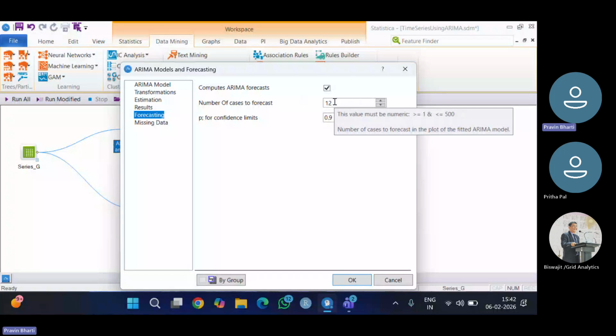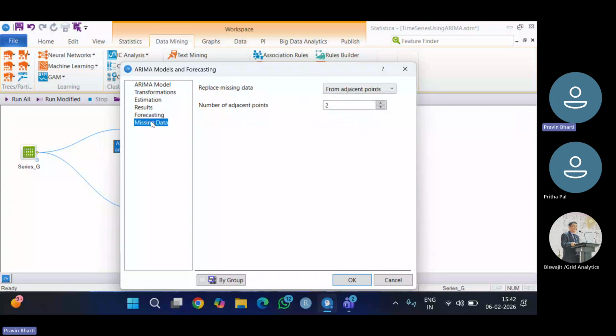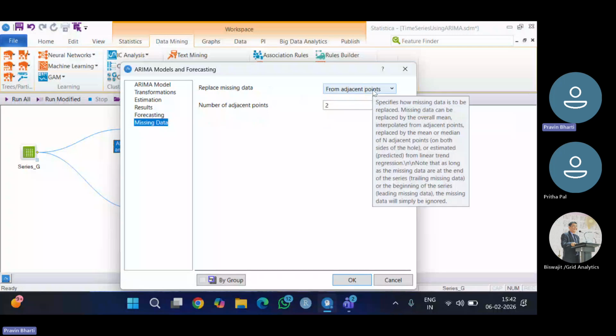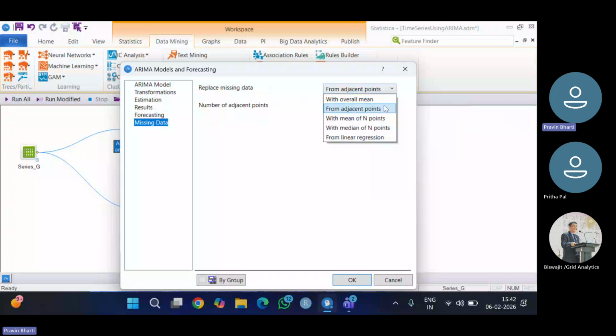And these are the confidence limits, 0.9. In our data set, there are no missing values. But if the data set has missing values, then we can impute them with adjacent points through the method of interpolation. Now I'm running this node.